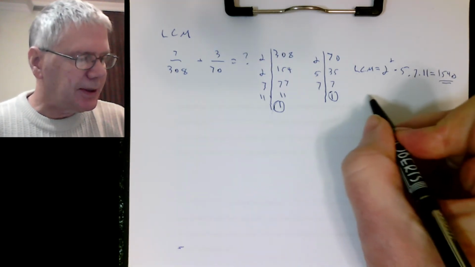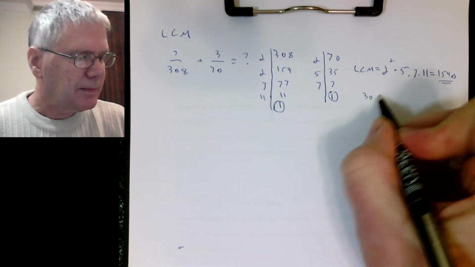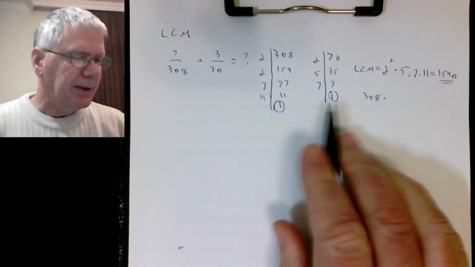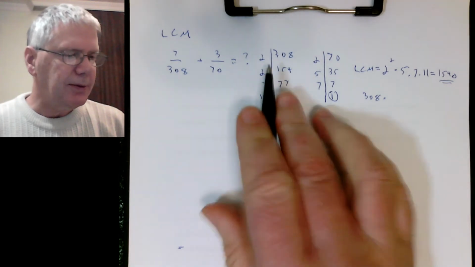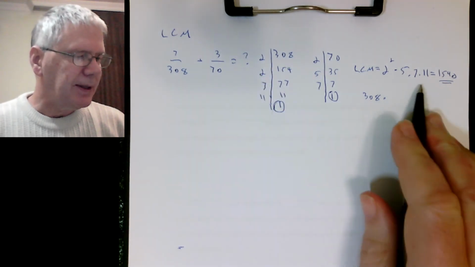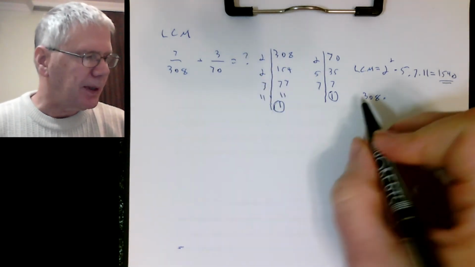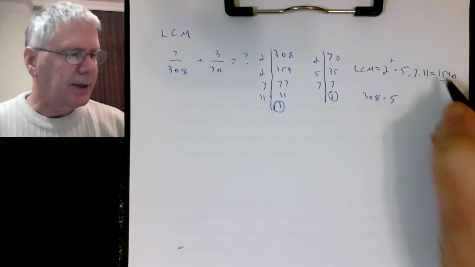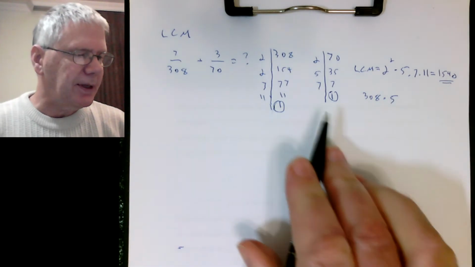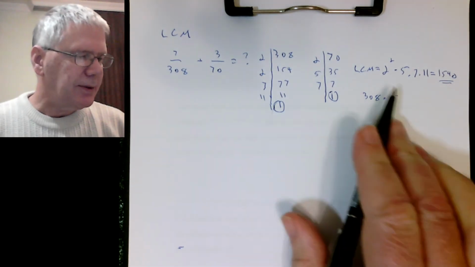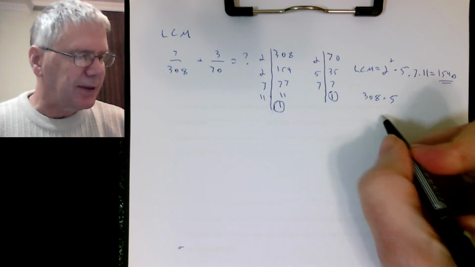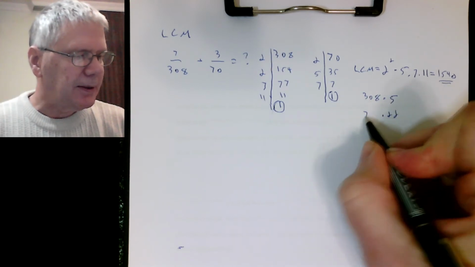308 is, what do I have to multiply that by? Well, the 308 has 2 2's, a 7, and an 11, so I'm going to have to multiply that by 5 to get my common denominator. And the 70 has a 2, 5, and 7, so I have a 2 and an 11 I need, so I'm going to have to multiply that by 22.